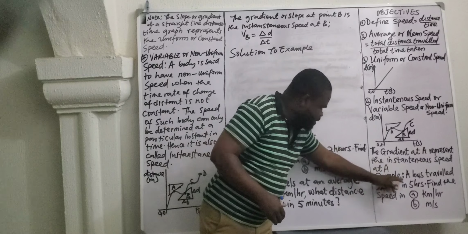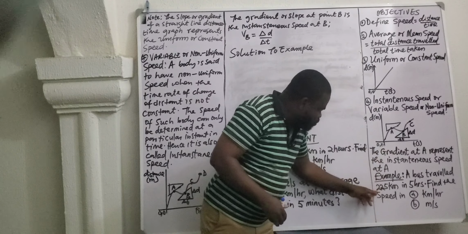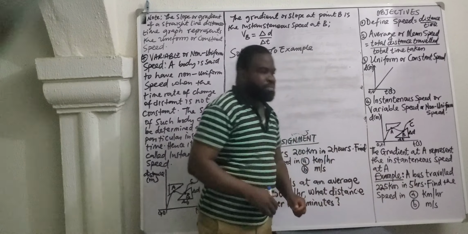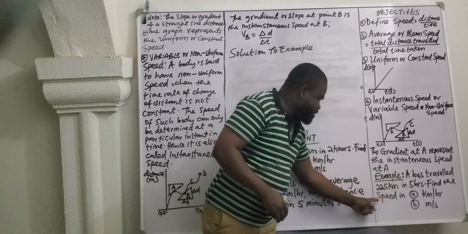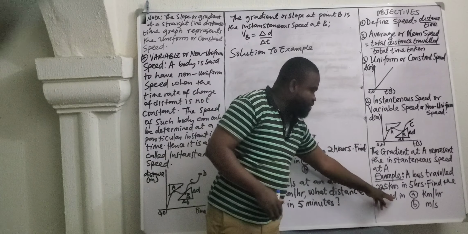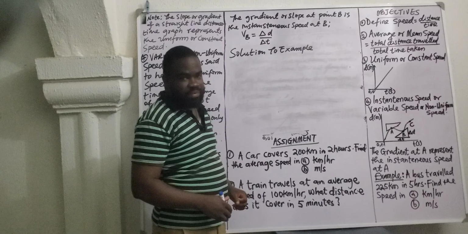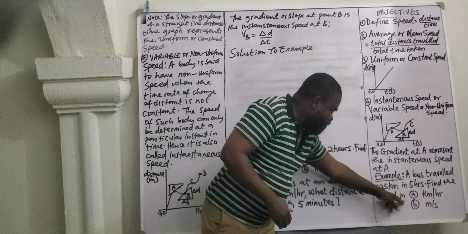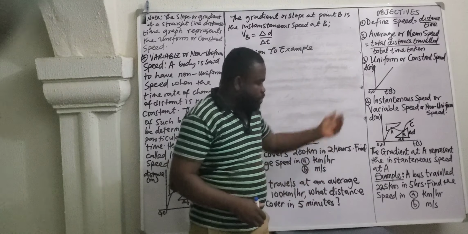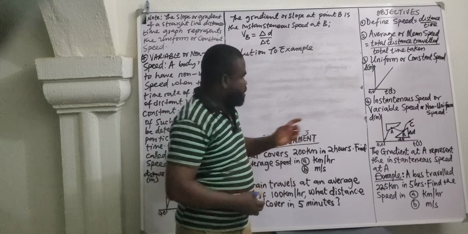So here we are told that a bus traveled 225 kilometers in 5 hours. For us to find the speed, the question could have been to find the average speed like you have here. It is the same thing. Now we will find the speed in kilometer per hour, and then we will also find the speed in meter per second. Let's obtain that.